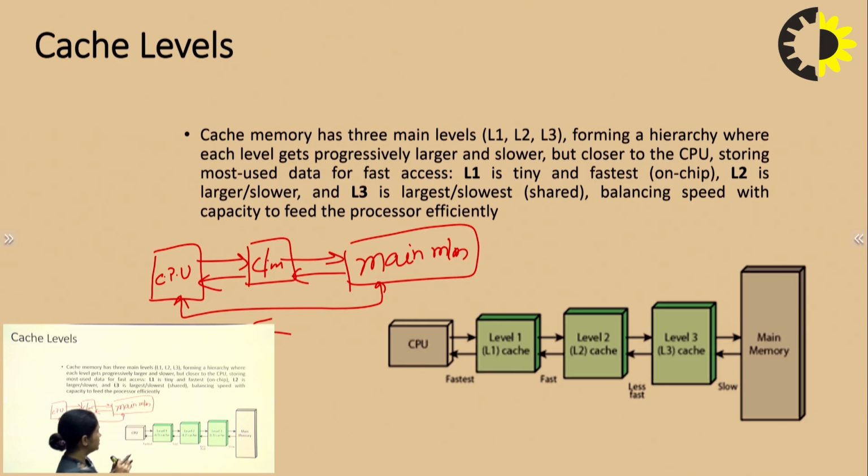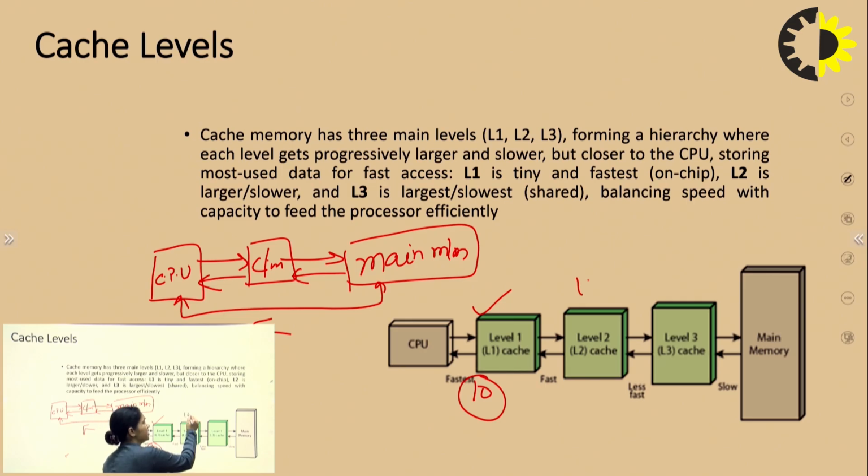Suppose I need 10 sets of data, I will keep it here. Once it is executed, instead of going to the main memory, I know that I need the next 10 sets of data after a certain time, so I will keep it here. Again, there is a set of data I know I need after these two, so instead of going to the main memory, I will keep it here. So that data set is here.